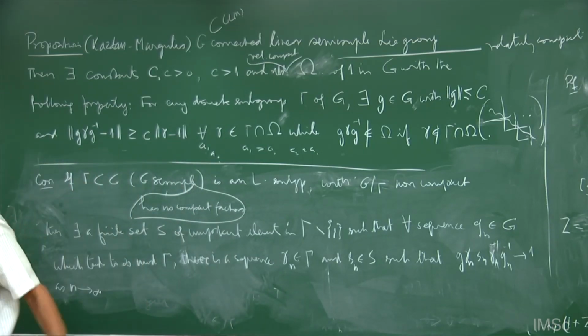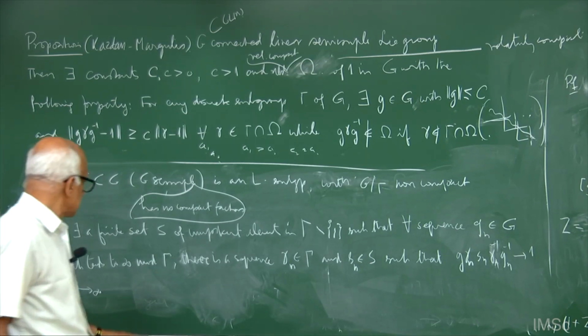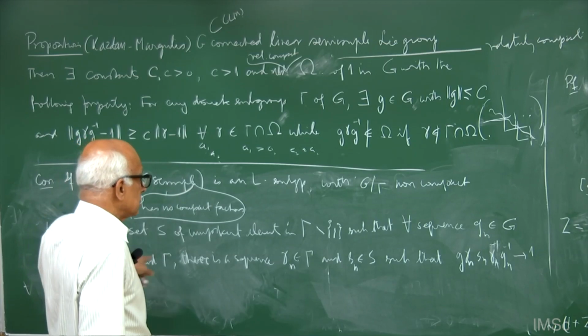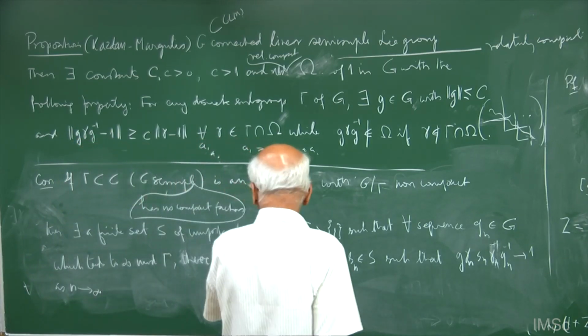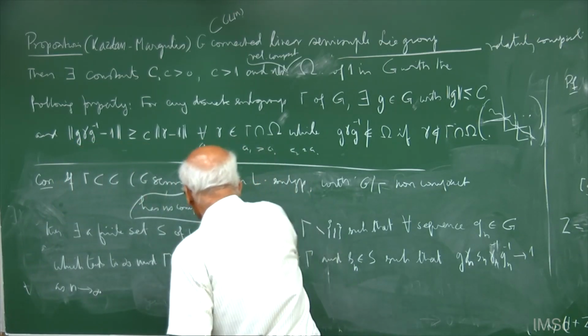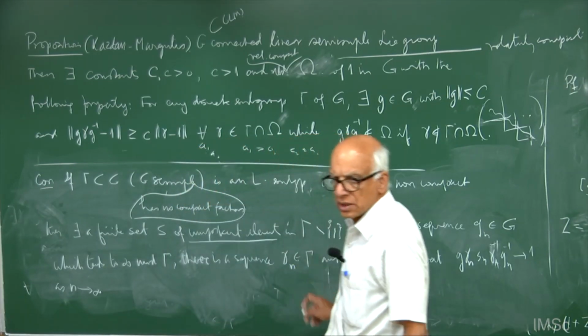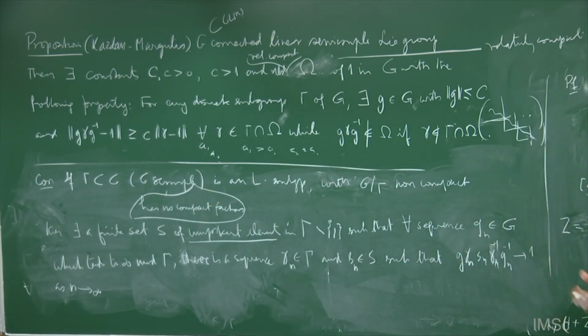This is what we have proved as a corollary of this. Yes, this is a set of unipotent elements. It's a sharper statement than the mere statement that there exists a unipotent, which is due to Selberg.